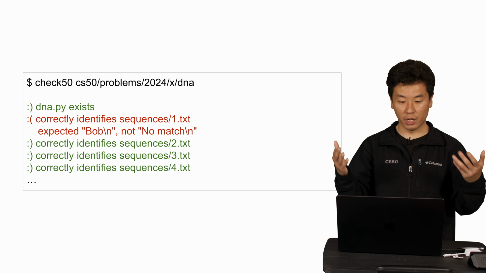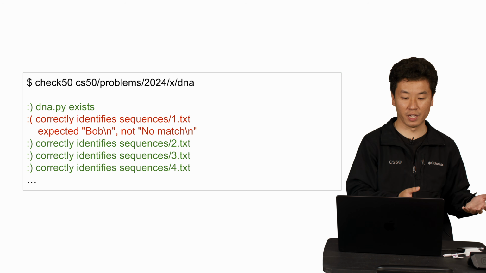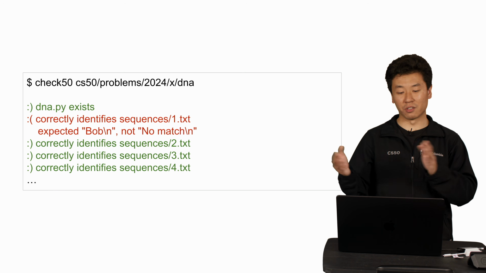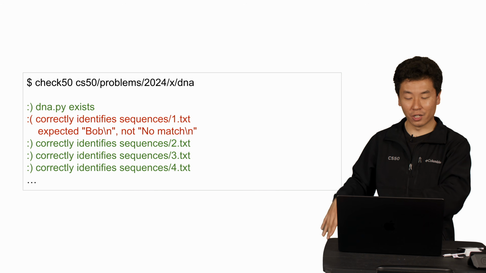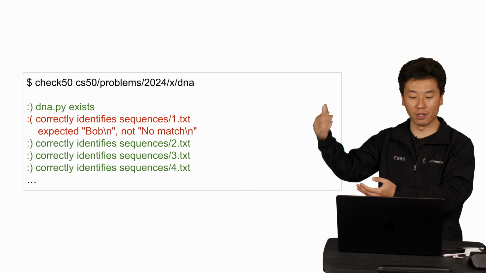Then the student can look into it, modify that code a little bit, and rerun Check50 to see if they can pass the auto check. This is a tool we provide to students to help their learning. If they can pass the auto check, they know for sure their implementation meets all the requirements.